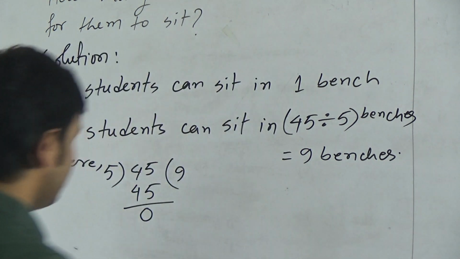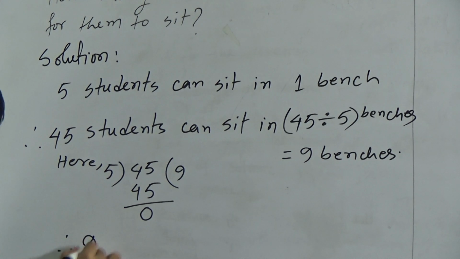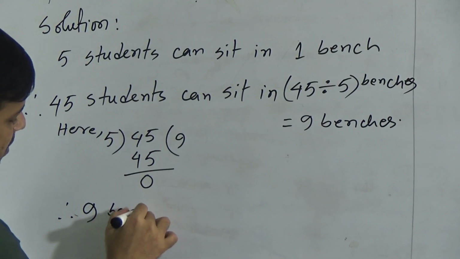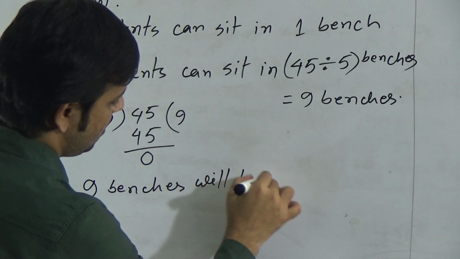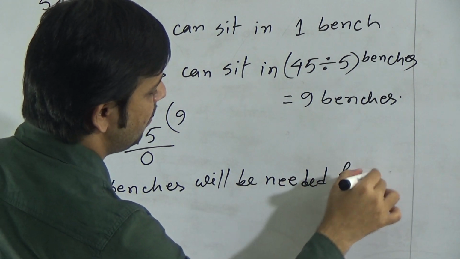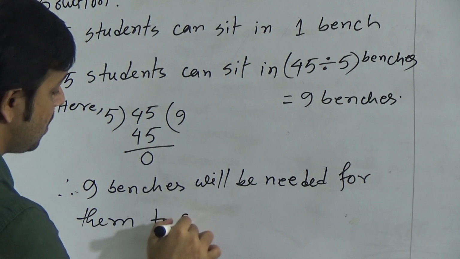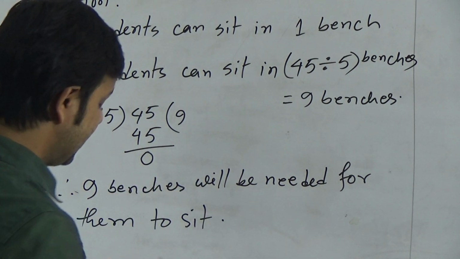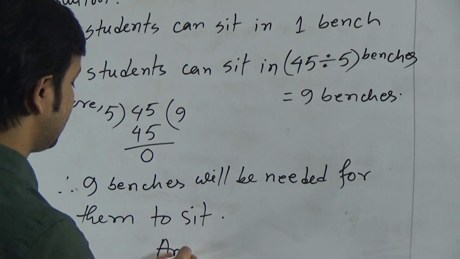So we can say 9 benches will be needed. Therefore, 9 benches will be needed for them to sit. Okay, dear students, so we can say required number of benches 9. So our answer of this question is 9 benches.